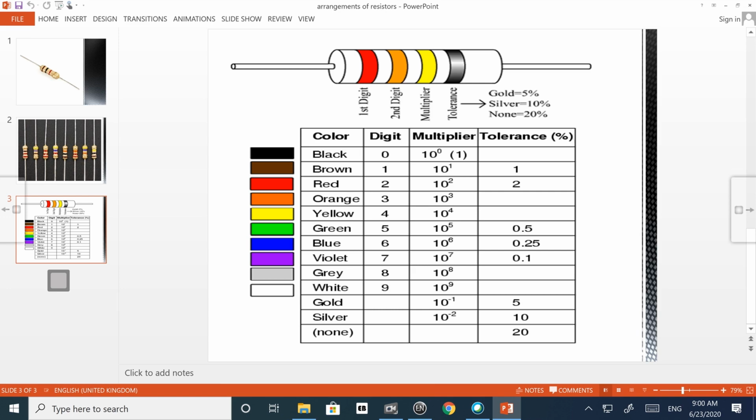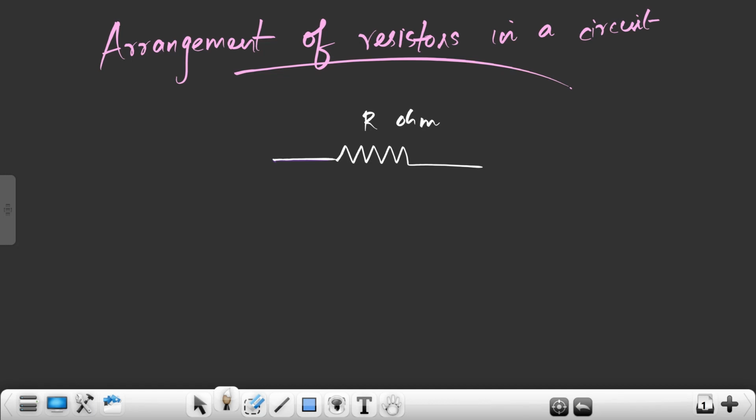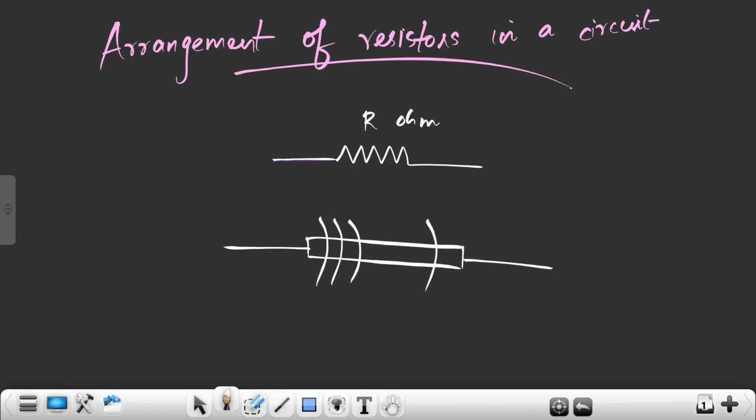If we have these color numbers and a resistor, how can we find out the value of the resistor? See, here we have a resistor like this. I have 3 color rings here and one on the right side.